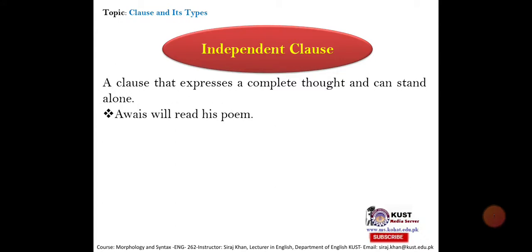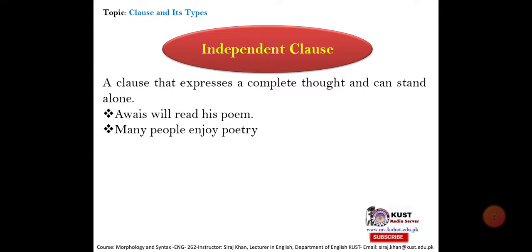For example, Wasi will read his poem. I saw a man. The professor asked many questions. I met a friend. They contacted the customer. He does not like the people. We met a man. These are some of the examples of independent clauses.